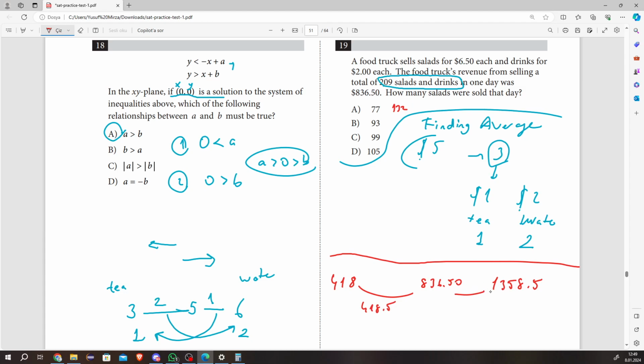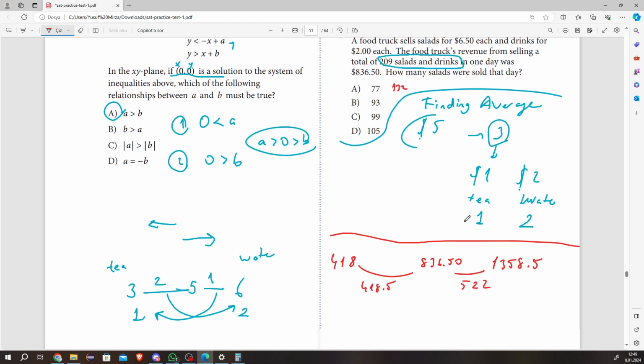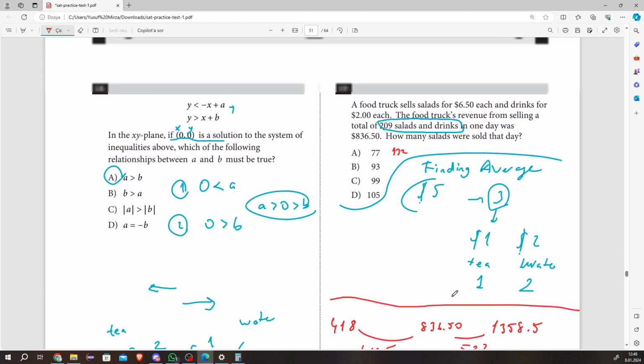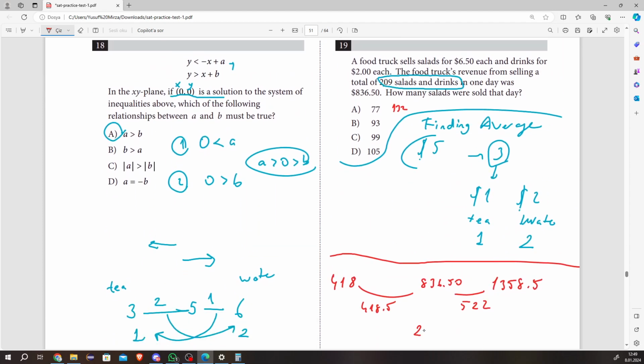And also it is 522. Yes, right. And we have these items, and this for this and this for this, and we can say it's a salad or it's a drink, and salads are few.